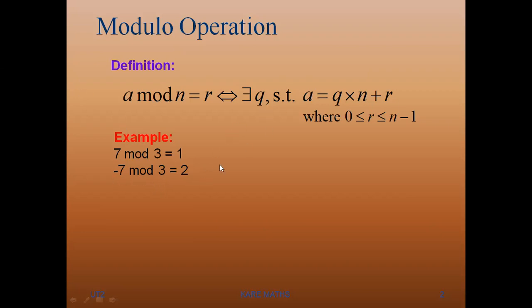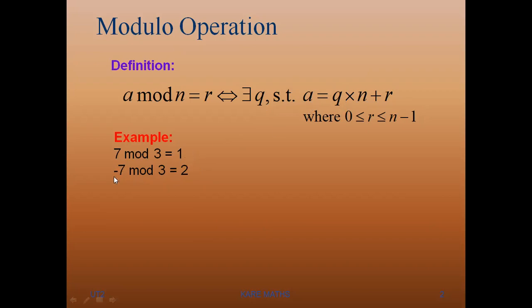I can write it in this form: minus 7 is equal to, see the place of q, what can I take here? Minus 3. So minus 7 is equal to minus 3 into 3 plus 2. Minus 3 into 3 is minus 9, plus 2, so minus 9 plus 2 is equal to minus 7.